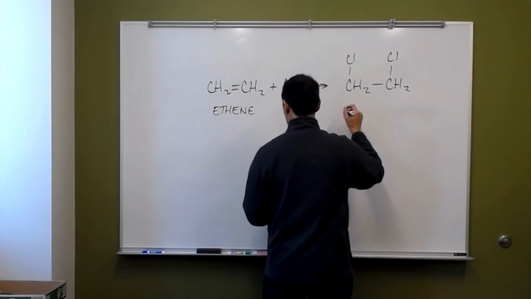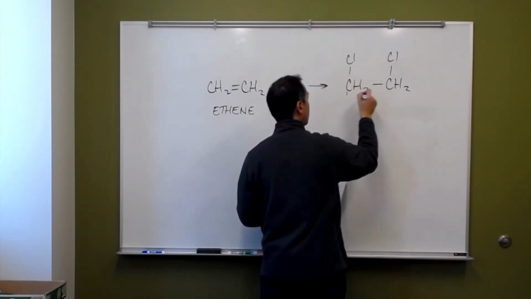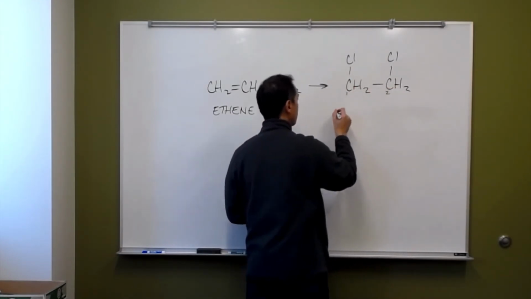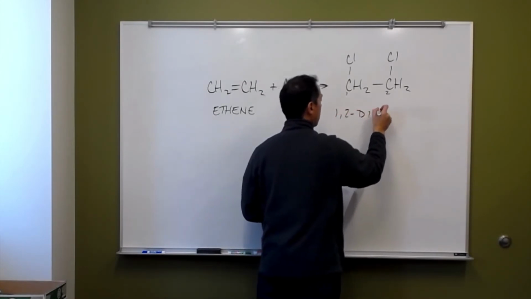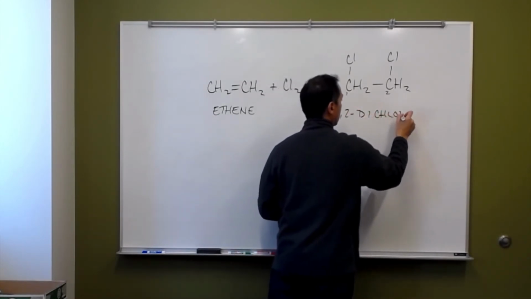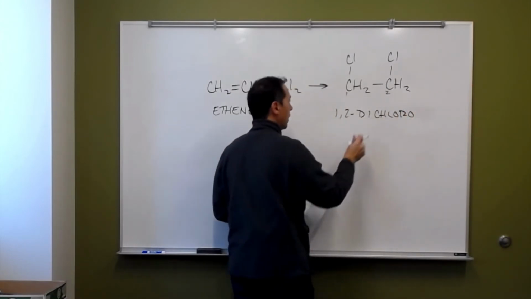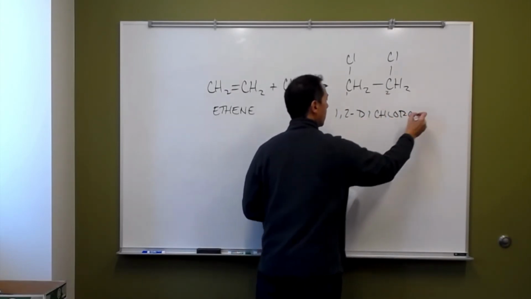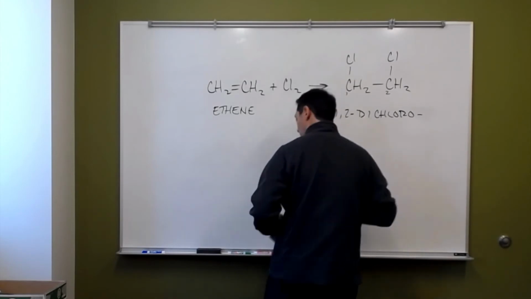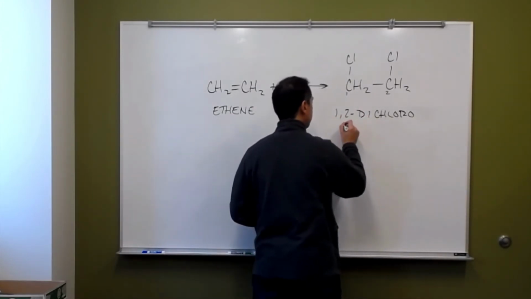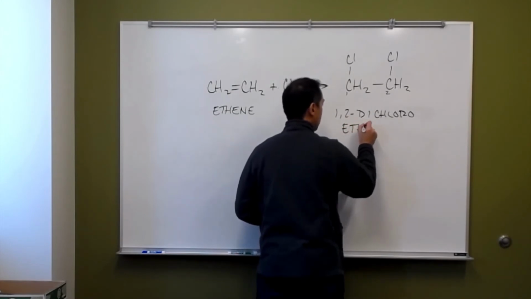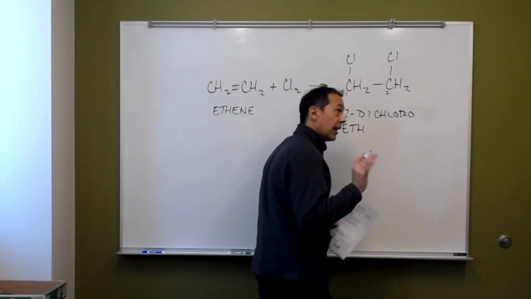We've got carbon number 1, carbon number 2, so this becomes 1,2-dichloroethane. Ethane, not ethene.